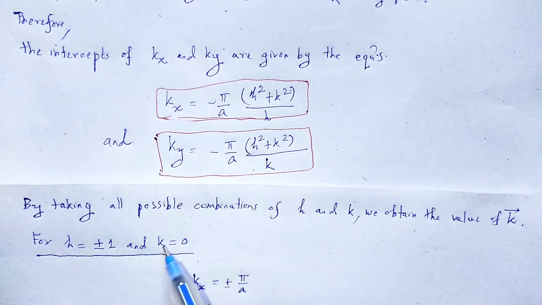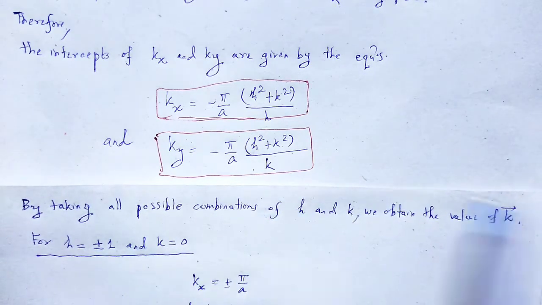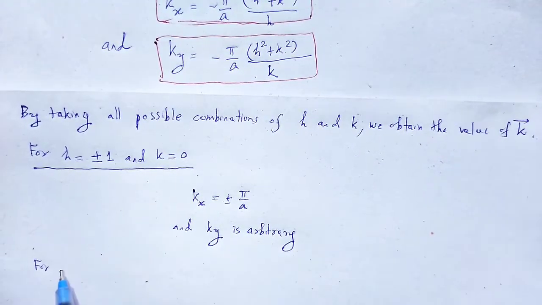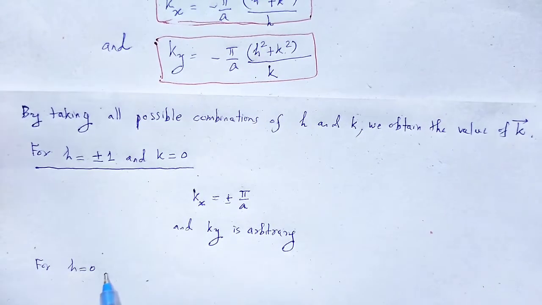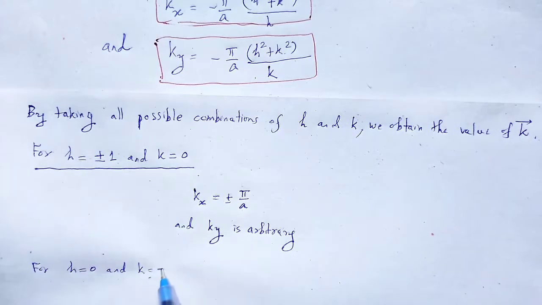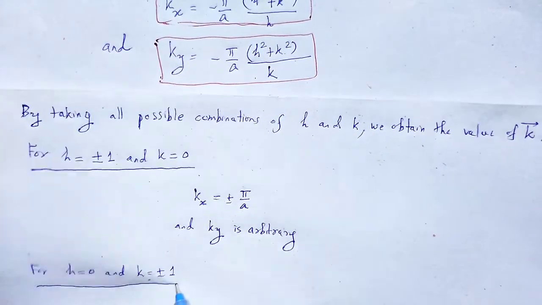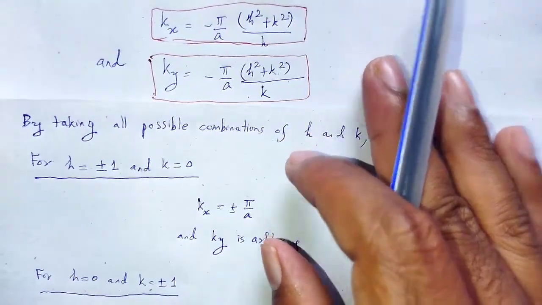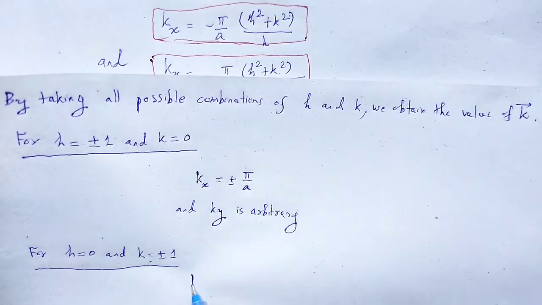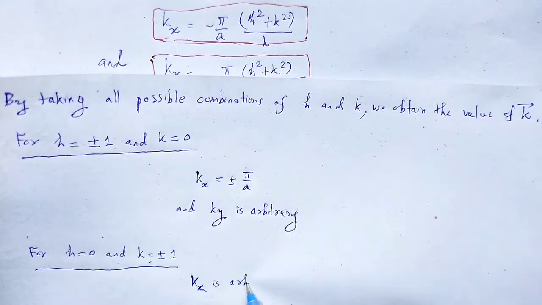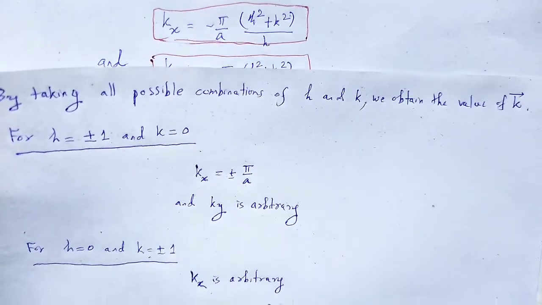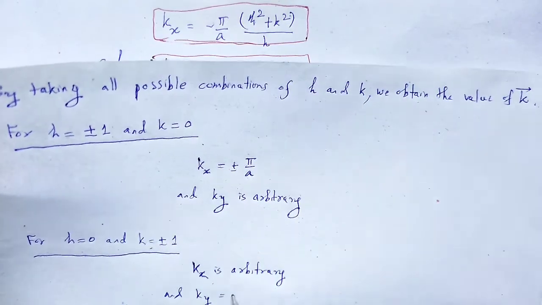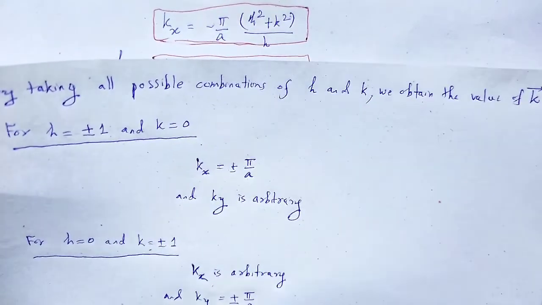Next, when we choose h equal to 0 and k equal to plus minus 1, in that situation kx is arbitrary, and ky is plus minus pi by a.